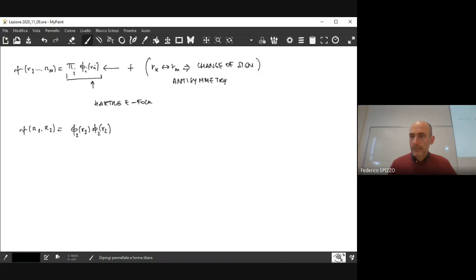But this is not antisymmetric. So a right solution for what concerns the antisymmetry of the wave function should be to include another term here, that is this one.